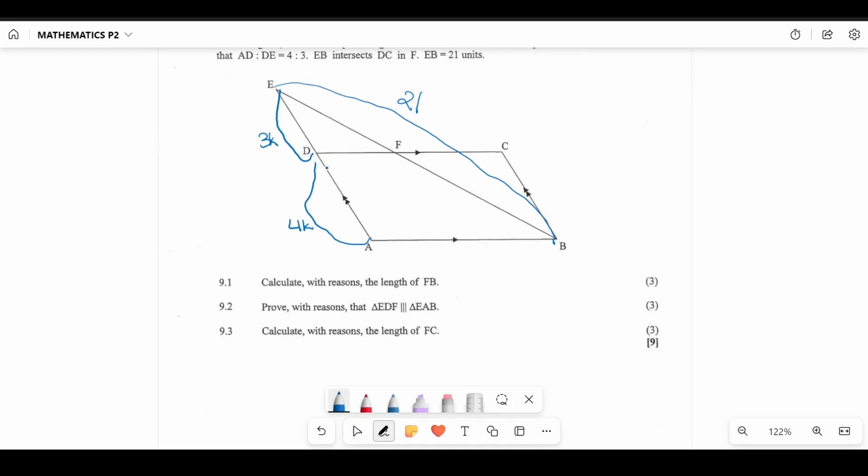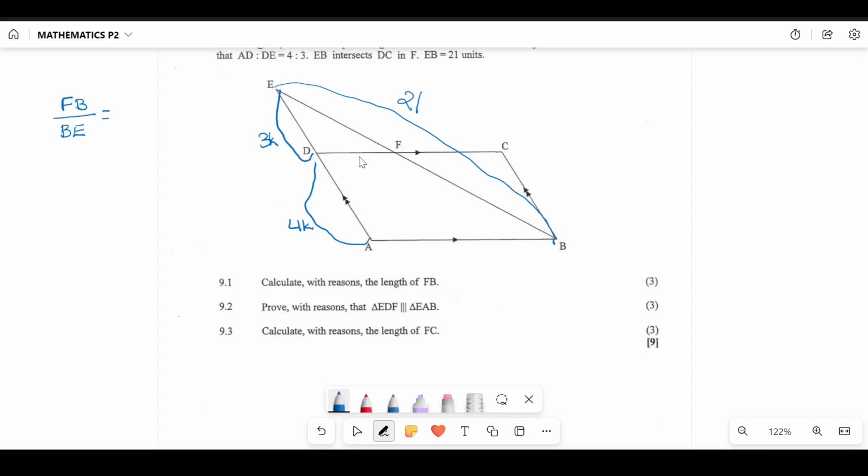Okay, FB. So this is a parallelogram. So these are parallel lines in a triangle. If there is a line parallel to one side, then you can apply the prop theorem. So you are finding FB. So let me start by writing FB over BE, because that is available, is equal to, we are finding FB and BE is available.